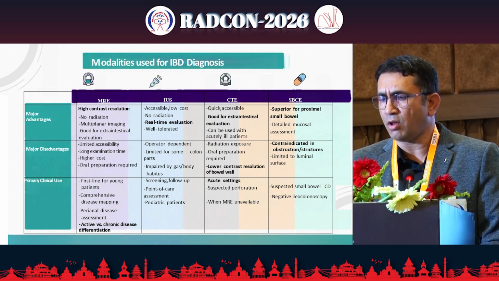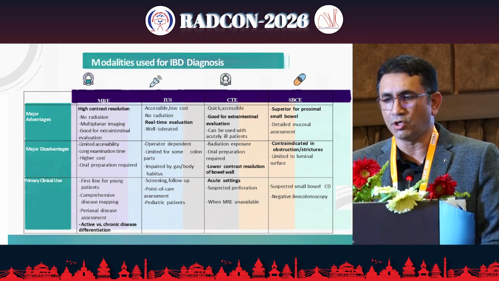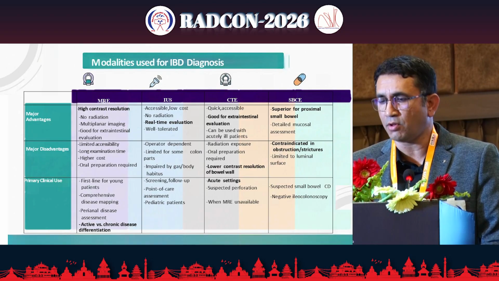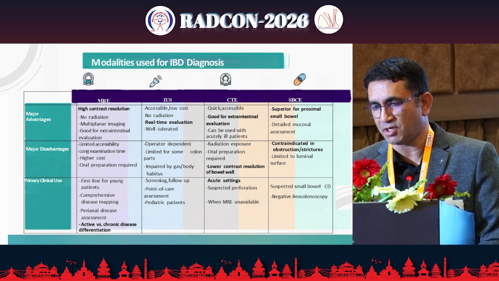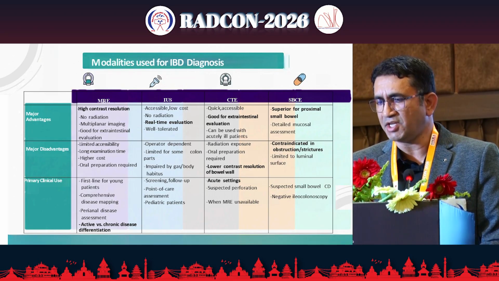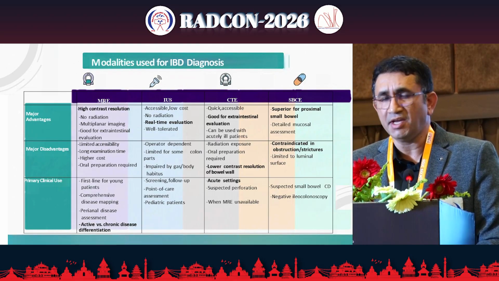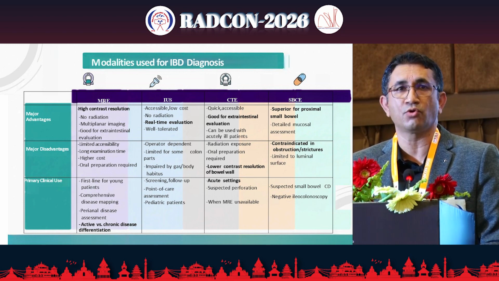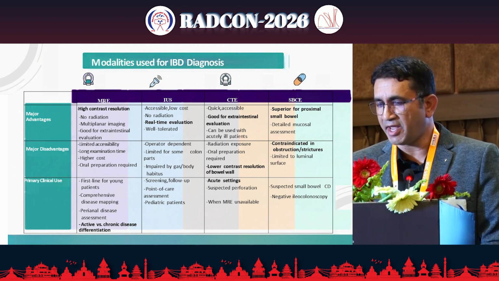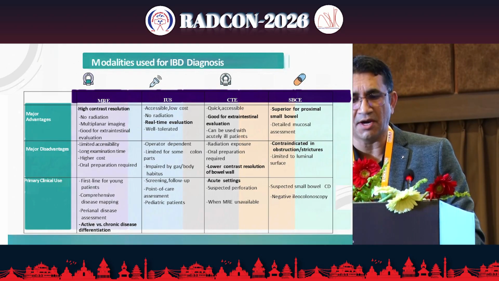Similarly, small bowel capsule endoscopy is very seldom used, but it has quite good resolution, especially in the proximal small bowel, and can give a detailed mucosal evaluation. However, whenever there is any stricture or sign of obstruction, we don't use it. It is used in suspected small bowel Crohn's disease and when ileocolonoscopy is negative.